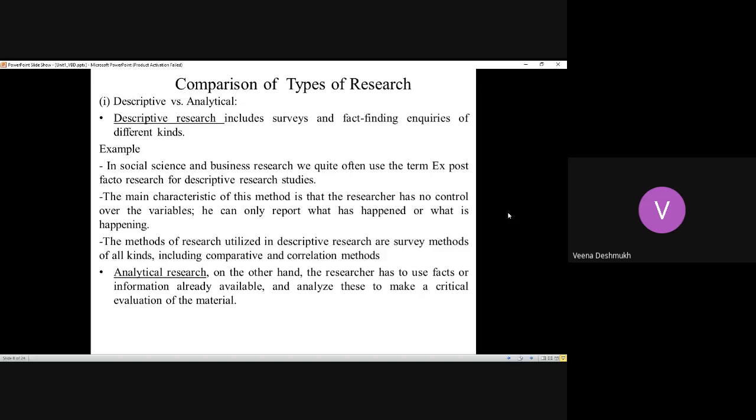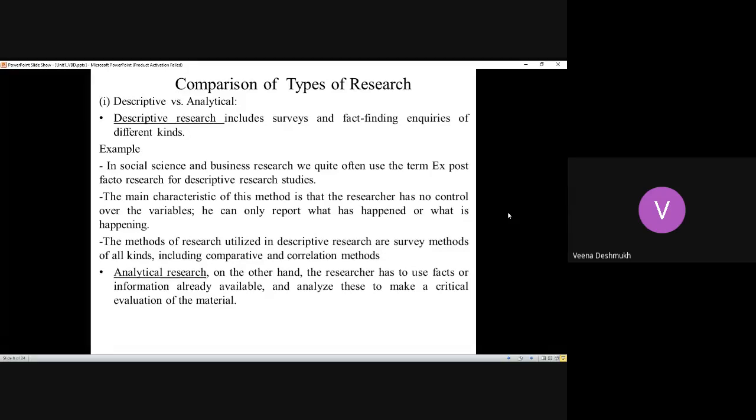Current situation means, like, 5 years back you had carried out research using the same data, but at that time the parameters for which you were doing the research were different. Now the parameters for this situation are different. So you are carrying out the research maybe by taking the same data which was available 5 years back.